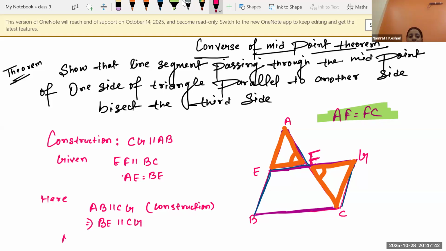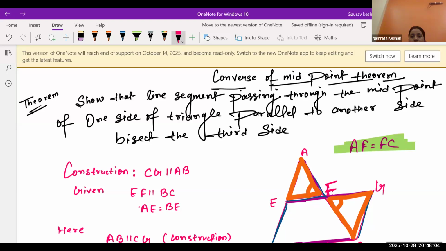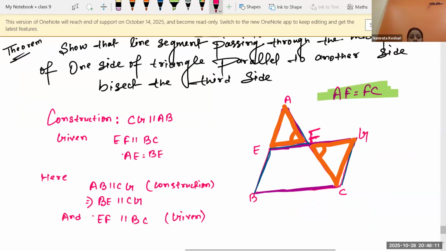And EF is parallel to BC. It's given. Now this implies that EF and BC are parallel.